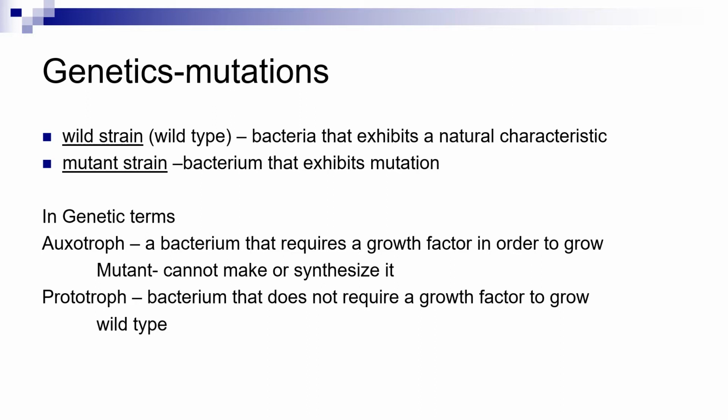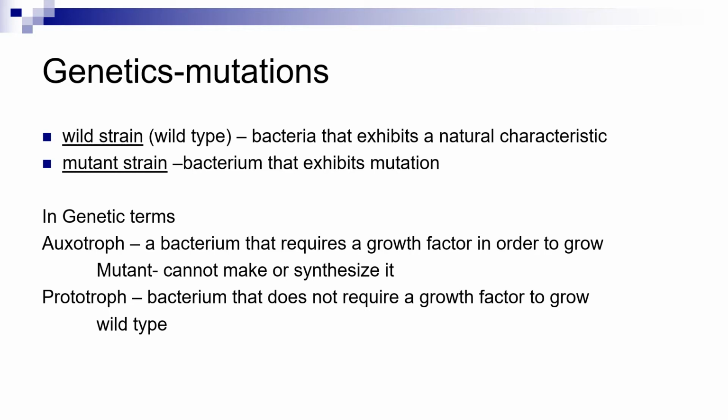And unfortunately, one of the labs that we'll be missing, we will take a wild type E. coli and we will transform it. We will add genes to it to make it different. And I wish we could do that, but that is too difficult of a lab to do from home.